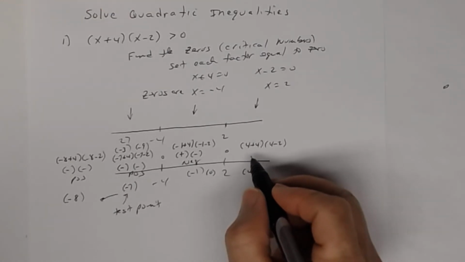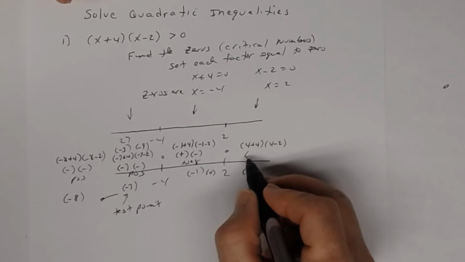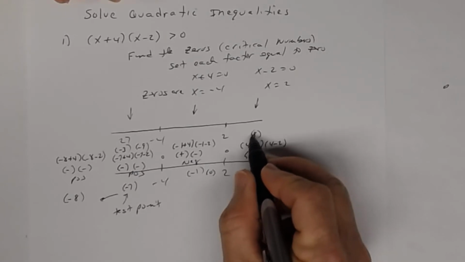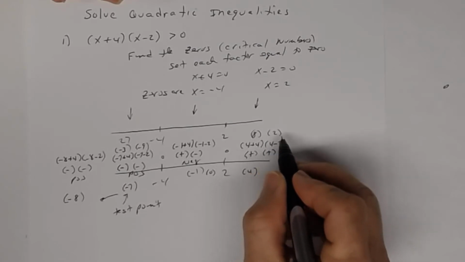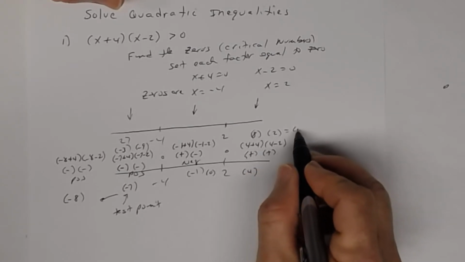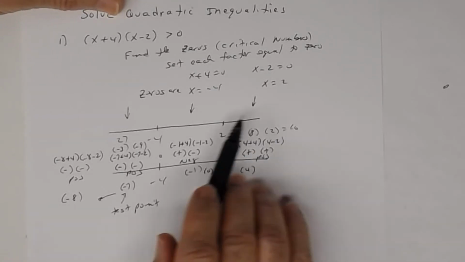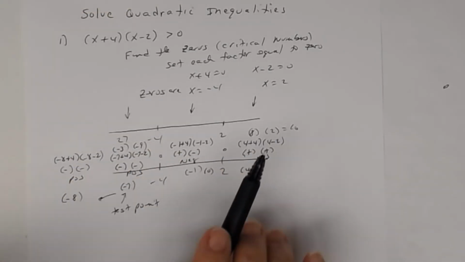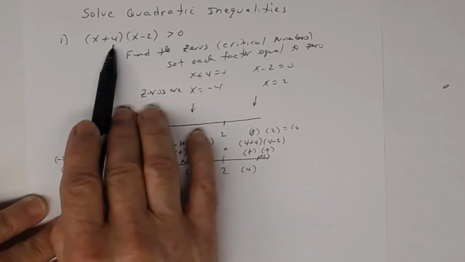And really all you need to do is determine the product of those signs. 4 plus 4 is 8. That's positive. It's 8 though, right? And then 4 minus 2 is positive. It's really positive 2. And so we get 16, correct? Which is positive. So I want you to think about this, 16. 16 is greater than 0, right? So that's a positive number.